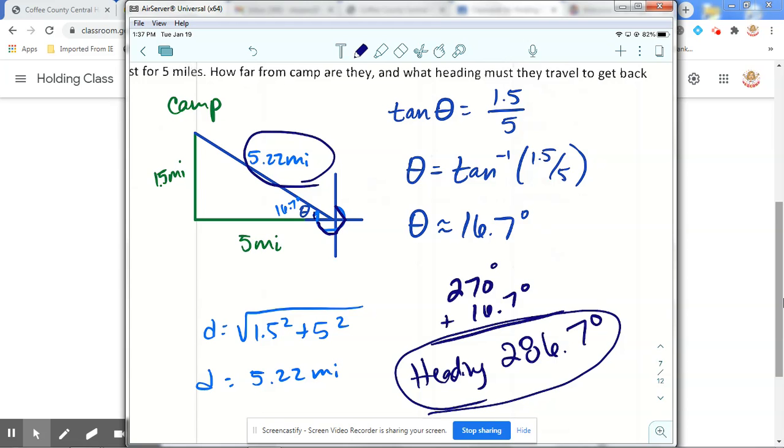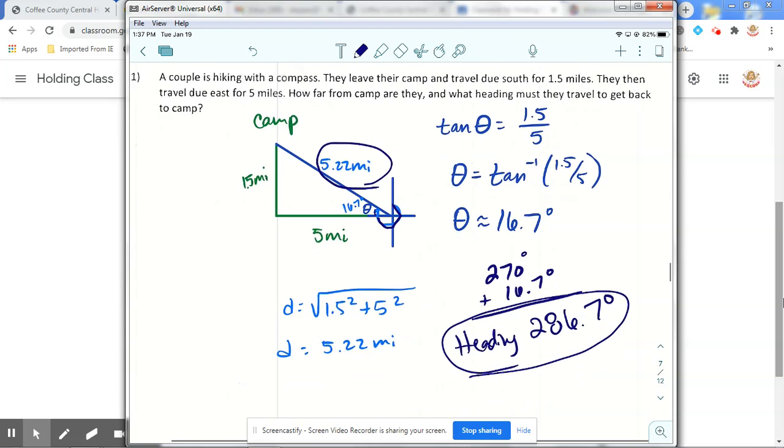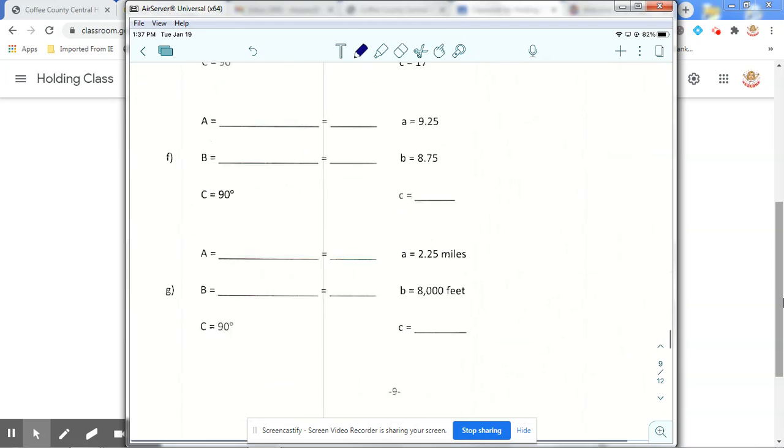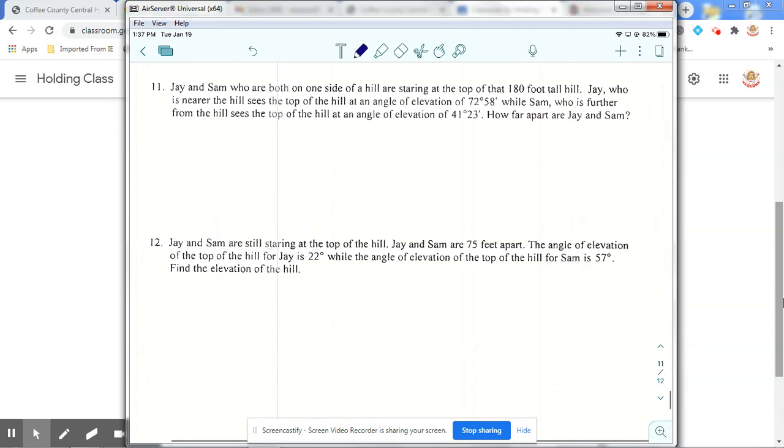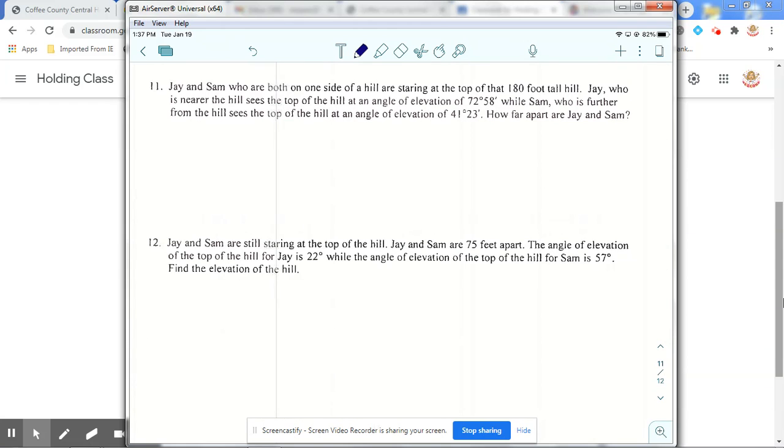All right, I'm going to go ahead and do this Jay and Sam on the hill question because every year people have some questions about it. It's number 11. Now we are not going to do number 12. Now if you wanted to try and figure it out, you could, but we don't really have time to worry about it.